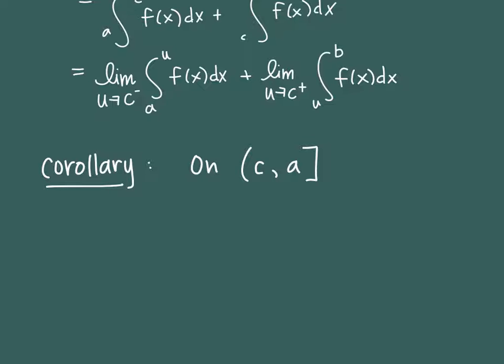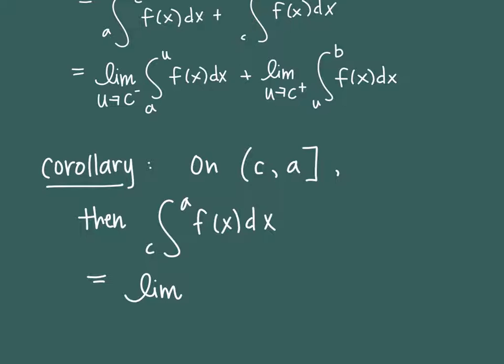Your domain is one part. Can you still do an integral, even though the domain doesn't include that value of C? Yes, we can still go from C to A if we replace it with a limit.